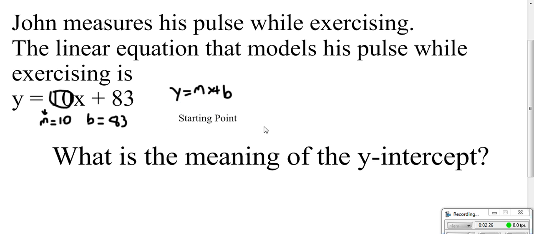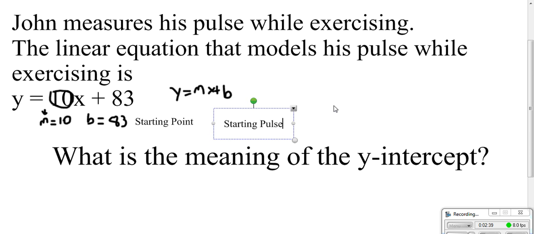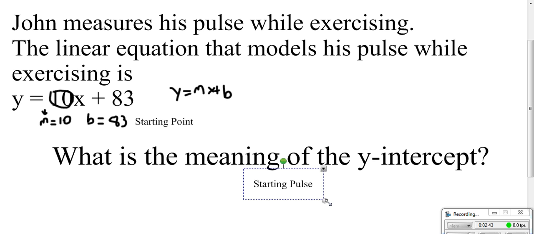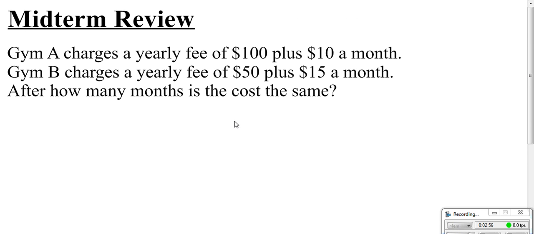So the y-intercept is the starting point, and this graph starts at 83, and in this case, it is his starting pulse. So, what is the meaning of the y-intercept? It's his pulse when it starts. Not when it starts, but when he first took the pulse, it was 83, and that's the starting pulse. And that's basically the answer.